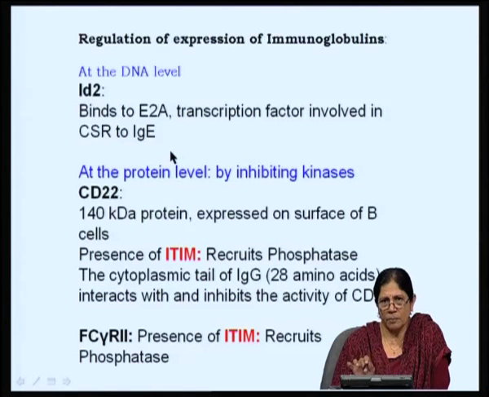In case of a pathogen like helminth, it is required that the immune system makes IgE type of antibodies, because these antibodies, as soon as they are secreted, are bound to the mast cells.